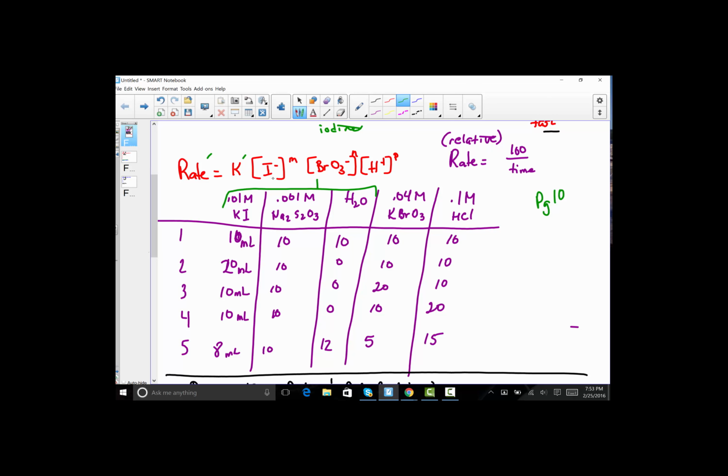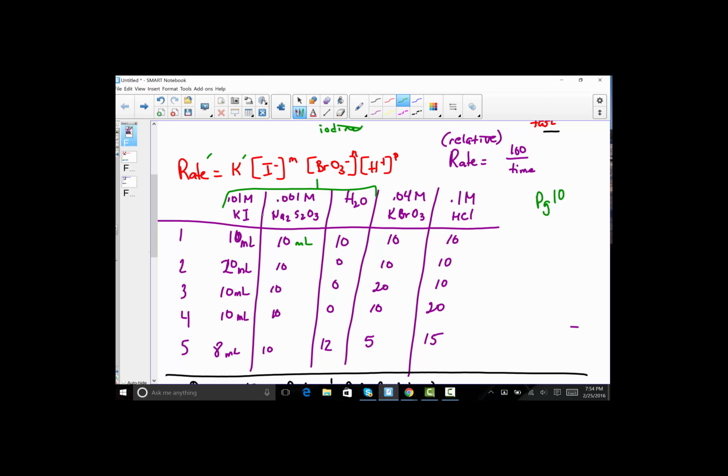Notice that's the source of the I negative. We added sodium thiosulfate, which, by the way, did not appear in the overall observed rate law, so we just held it constant, 10 milliliters. The water was there to create a constant volume of 50 milliliters.